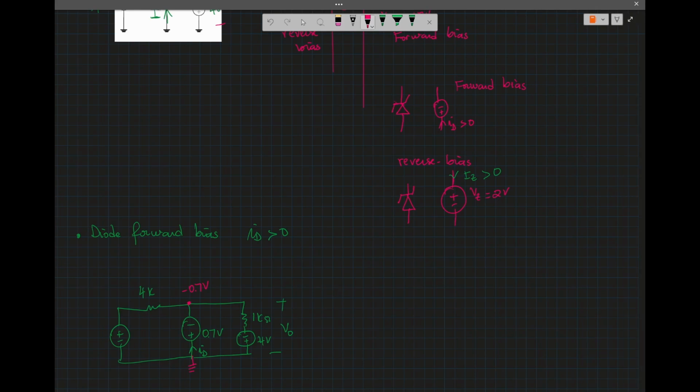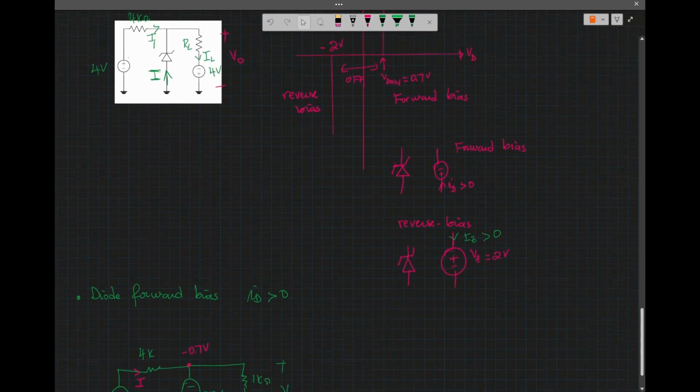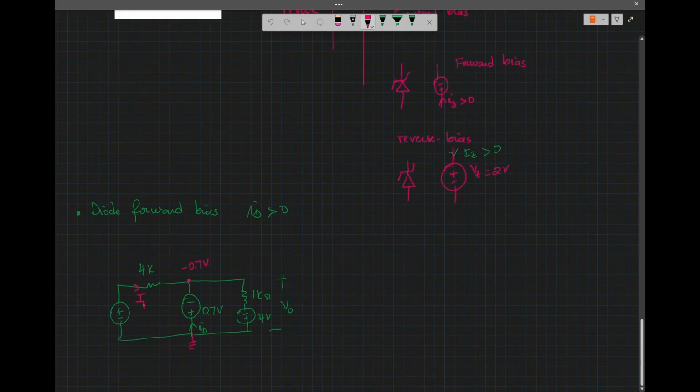Then this current, I call it I1. So I1 is equal to VI minus 0.7 divided by 4K.